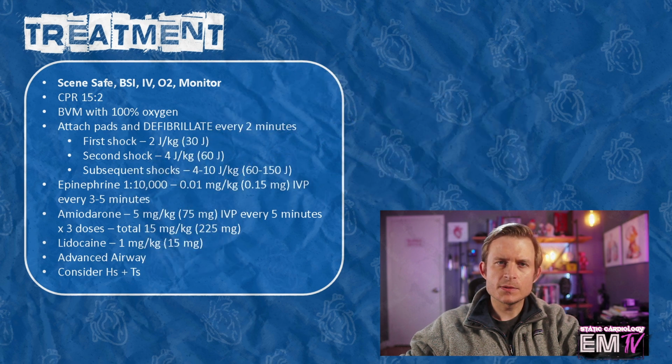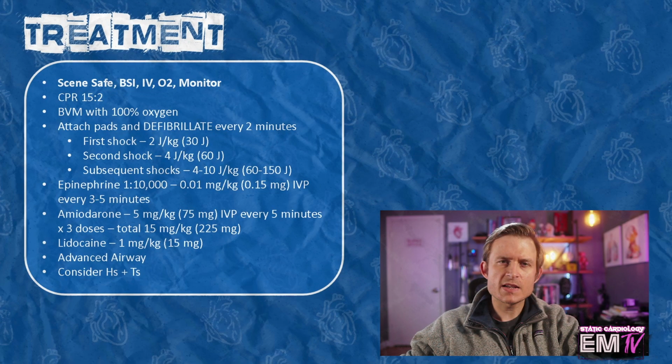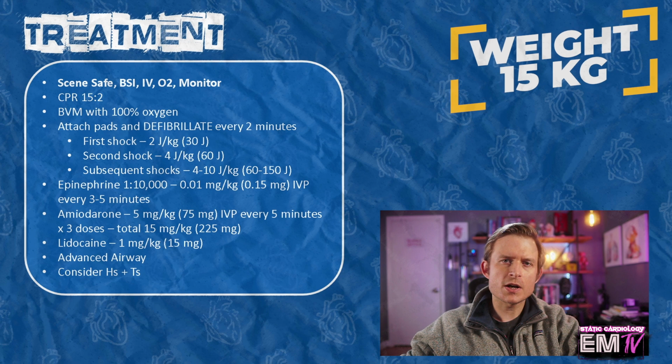Now keep in mind, pulseless VTAC is a shockable rhythm, just like ventricular fibrillation. So for this patient, the most definitive treatment besides CPR is going to be attaching the pads and defibrillating this patient every 2 minutes. As this patient is pediatric, we will be using weight-based dosing. So the first shock will be delivered at 2 joules per kilogram. And remember, based on this patient's weight of 15 kilos, that first shock will be 30 joules.